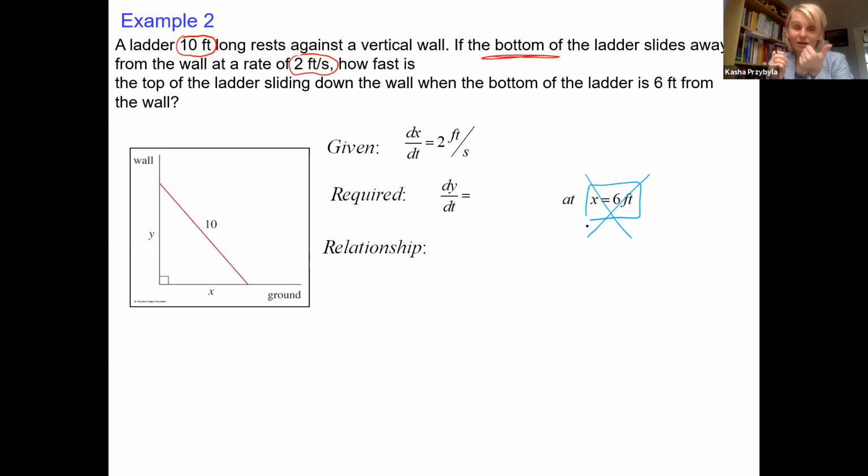The right triangle and each side is involved. What kind of relation can we use? Of course, the Pythagorean theorem. Please remember that, okay?